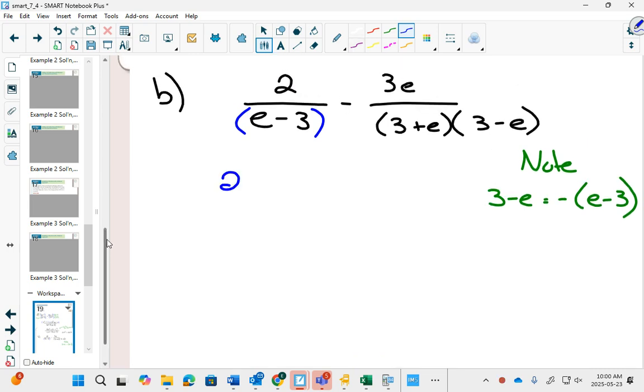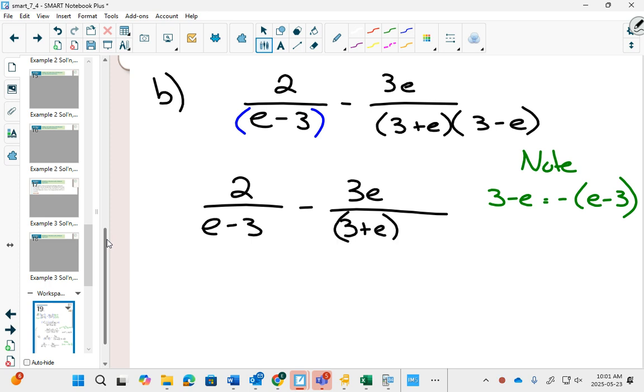So I'm going to take the time and just rewrite things. So I have 2 over e minus 3 minus 3e over 3 plus e. Take that minus 1 out, and now I have e minus 3.